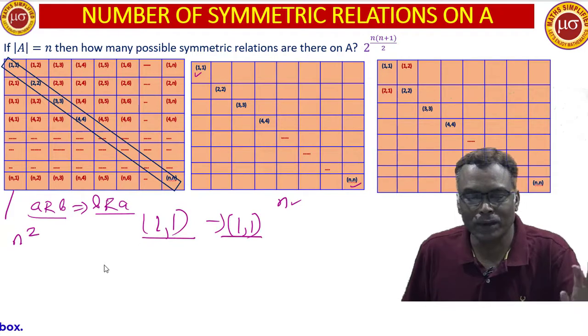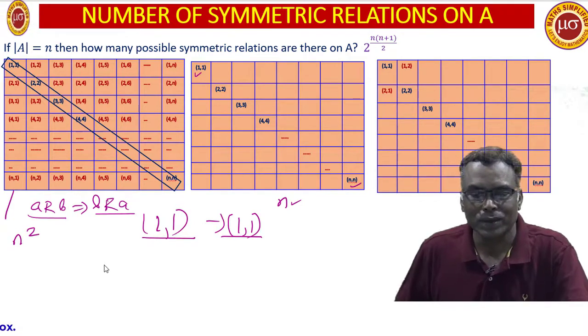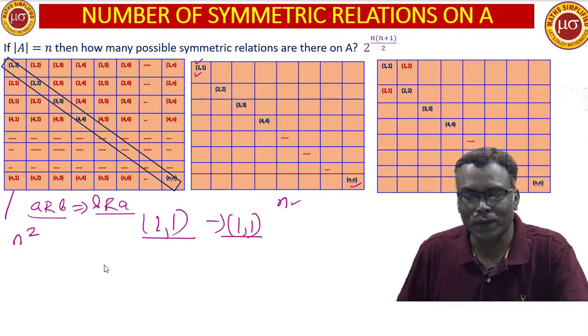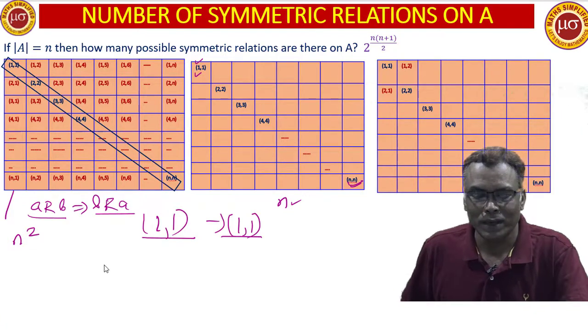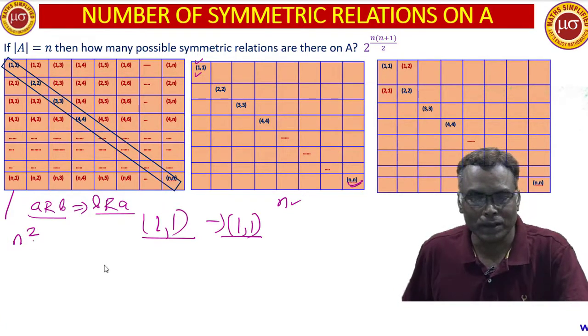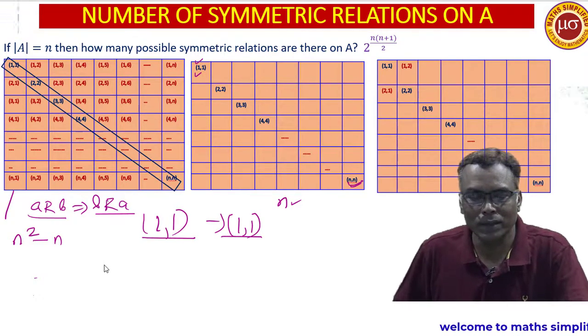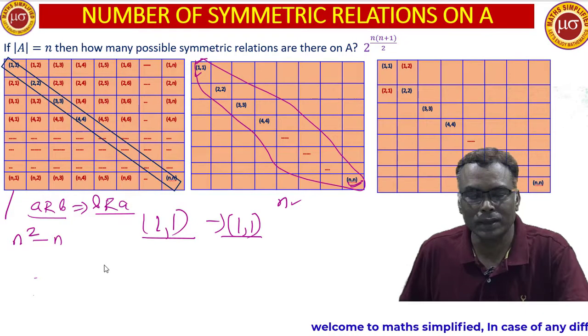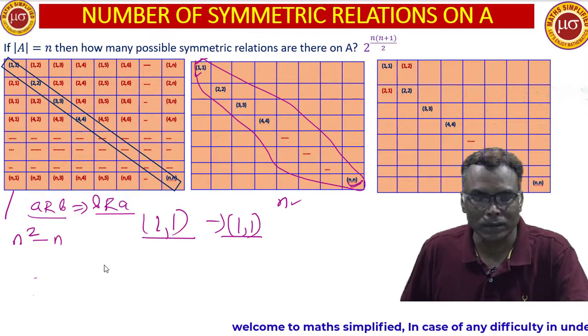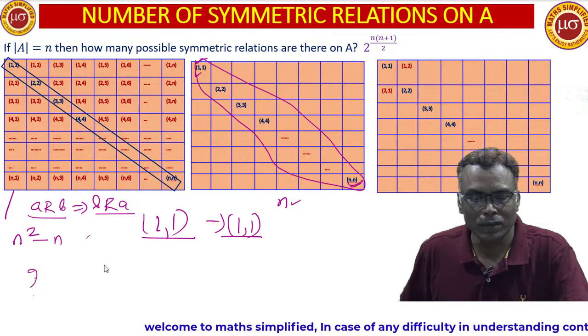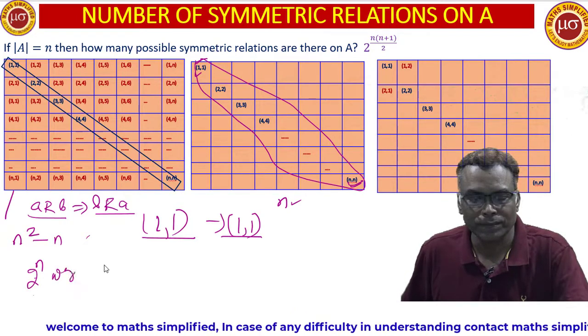Therefore, they do not have any friends. So those elements which don't have friends, we will remove them from the list. Total we get n square minus n. These n, ये जो diagonal n elements, किसी को भी मैं include कर सकता हूँ, exclude कर सकता हूँ. So that can be done in 2 to the power n ways.